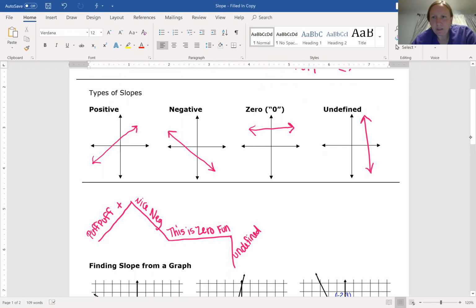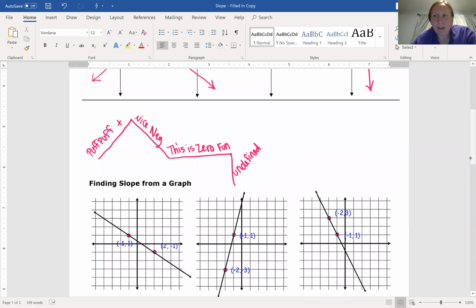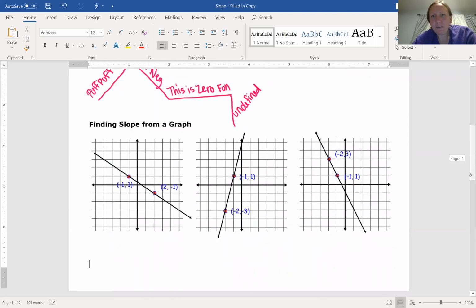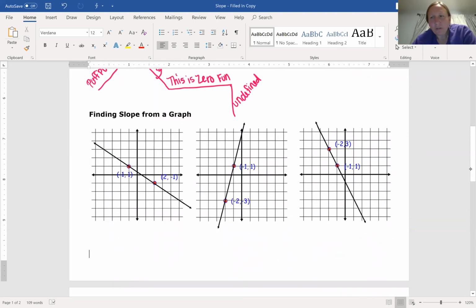Let us look at finding slope from a graph. Before you start any of these, you should always ask yourself, what would Slope Dude say? You should know what sign it's going to be, and you can always check at the end to make sure you didn't make a mistake with the sign. Finding slope from a graph is nice because we just get to count boxes.